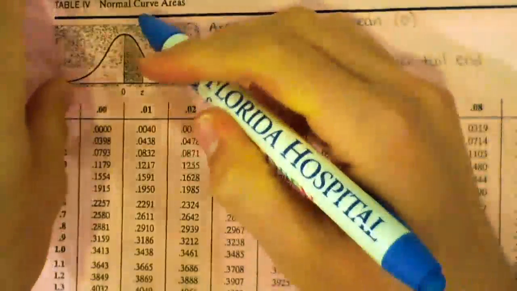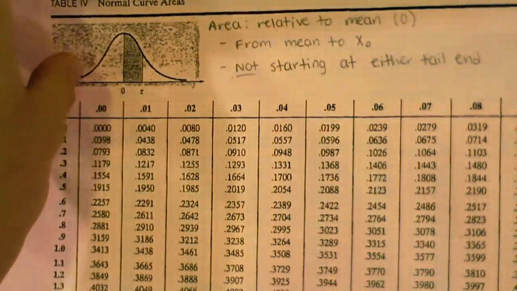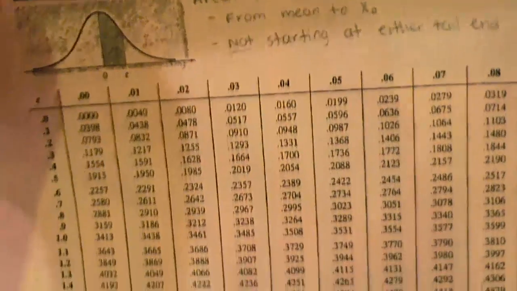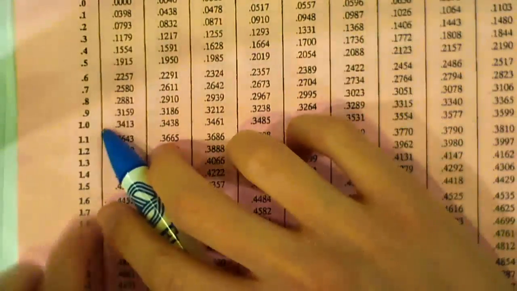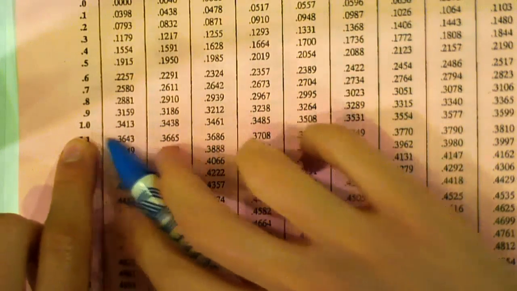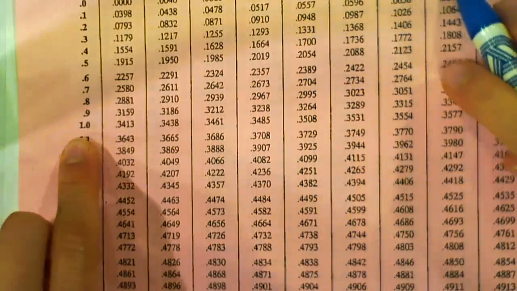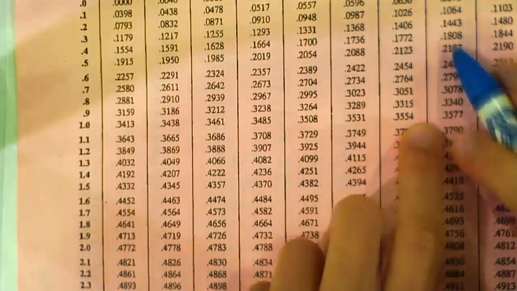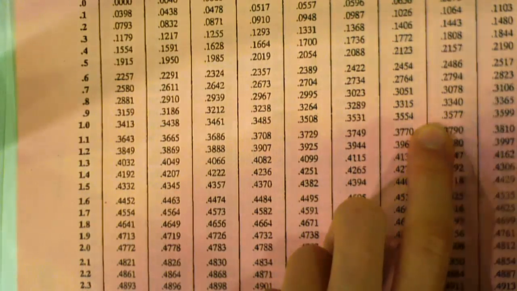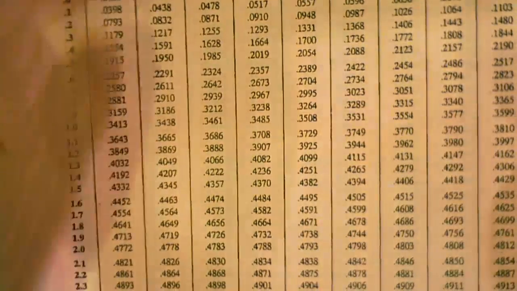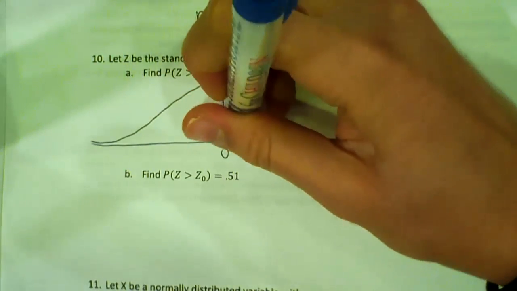It gives you this area right here. So if you do have this type of z-table, you should find we had our z-score of 1.07. Yeah, .3577. So that would go right here.